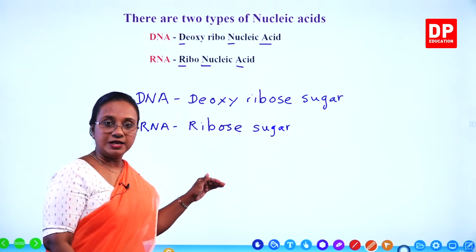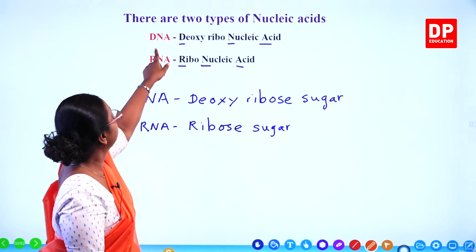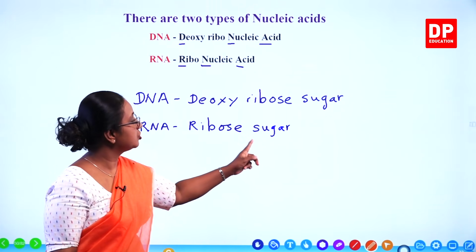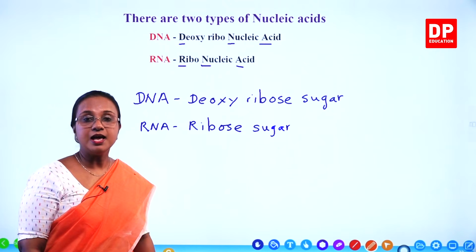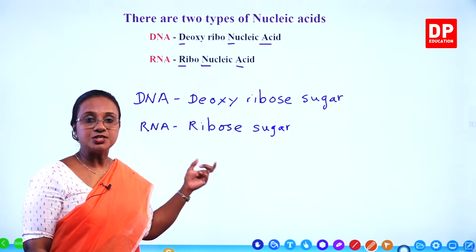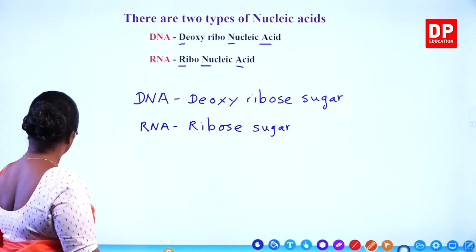These are the 2 pentose sugars. If it is deoxyribose sugar, we call it a DNA molecule. If it is a ribose sugar, it is known as an RNA molecule. Now we will look at the structure and the significance of these 2 molecules.